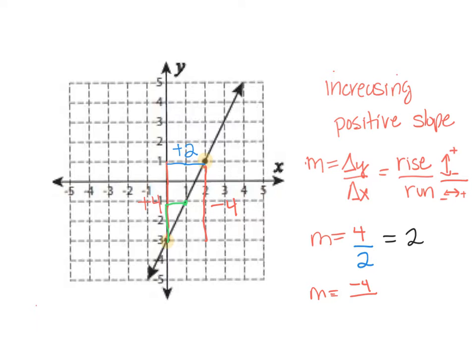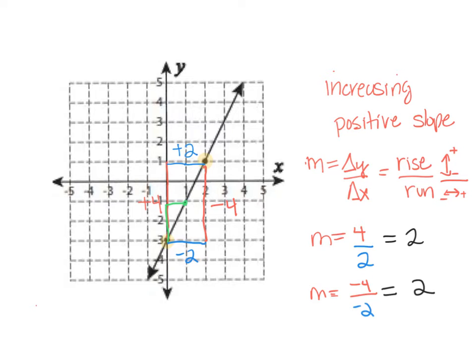And then if we counted left 2, that would be a negative 2 move, which would go there. And you could see that this is why we simplify: we still end up with a slope of 2.